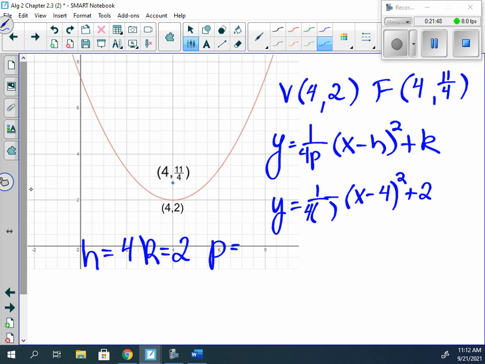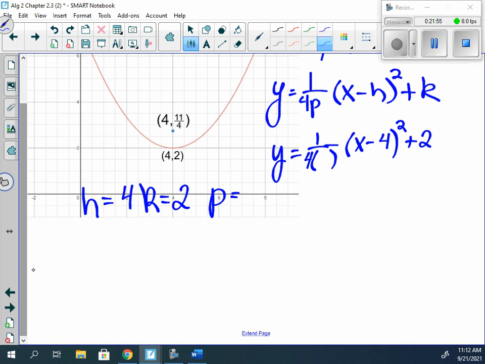That's our k plus p, isn't it? In the general equation, the focus is (h, k plus p). So if I want to find the value of p, well, k plus p is equal to what? Our 11 fourths, because that's the y value of the focus.